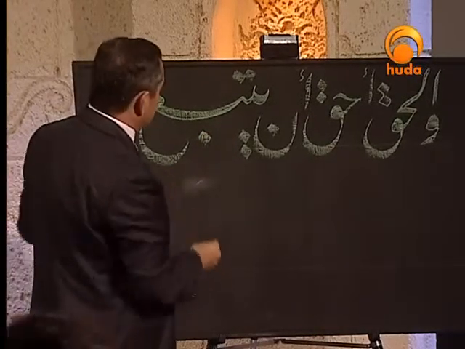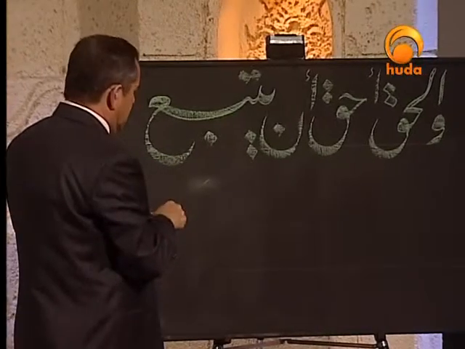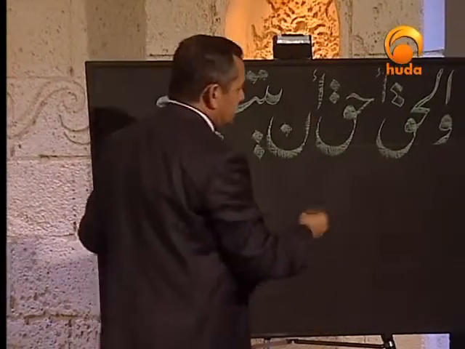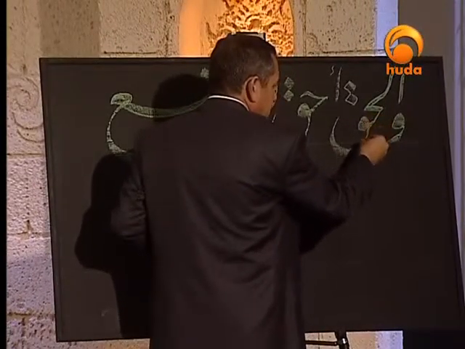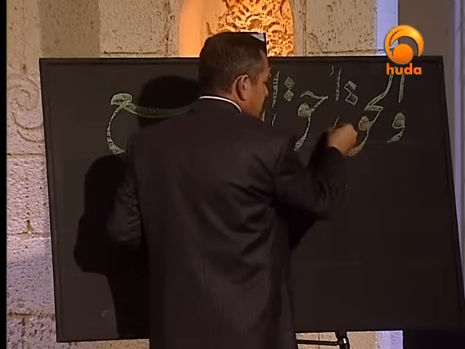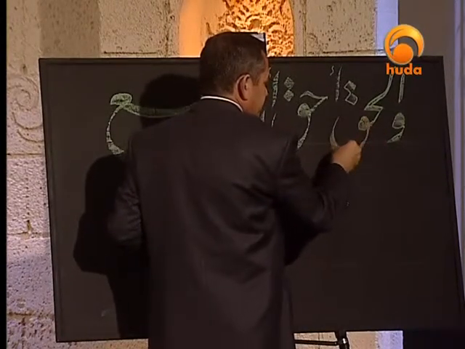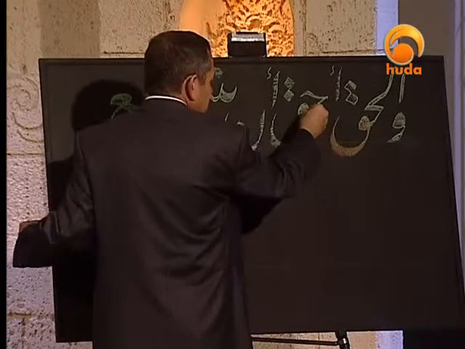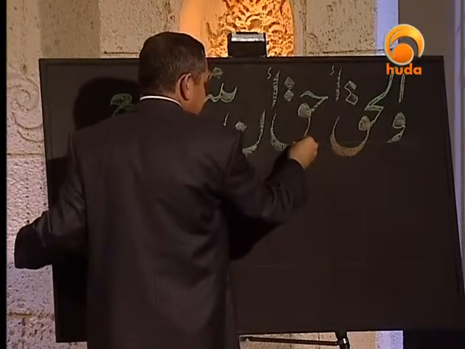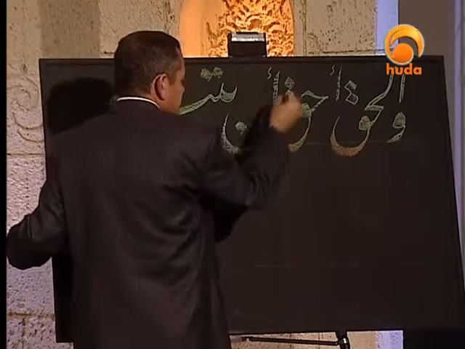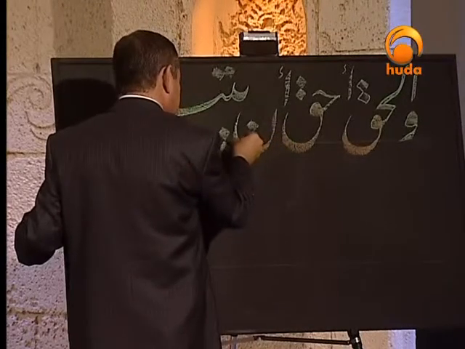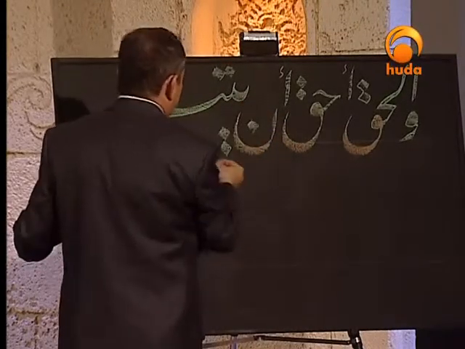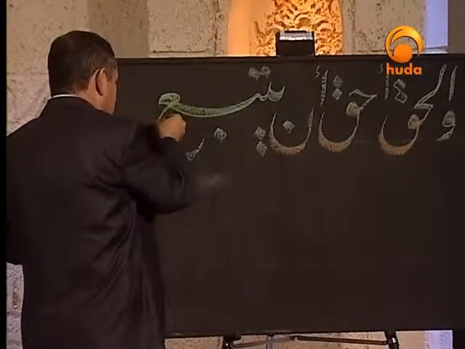So here I intend actually to write this verse because of the qaf. You see the curve here. أحق, you see the other qaf, and the same way and same shape. يتبع, I took the ain with the same shape also from the other side.